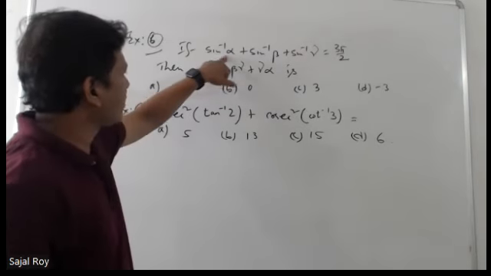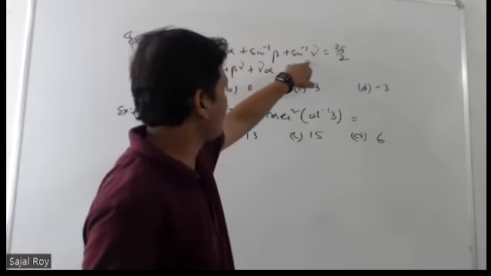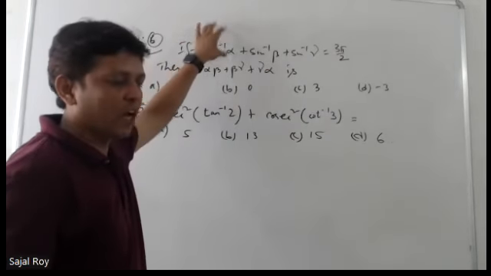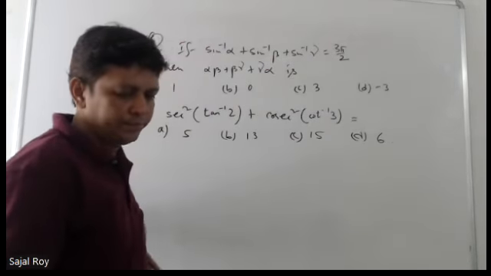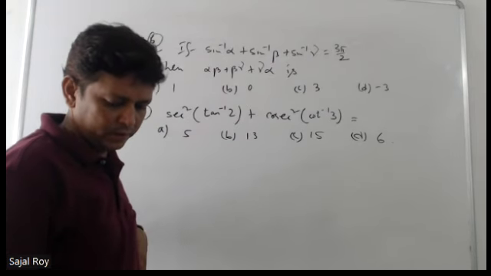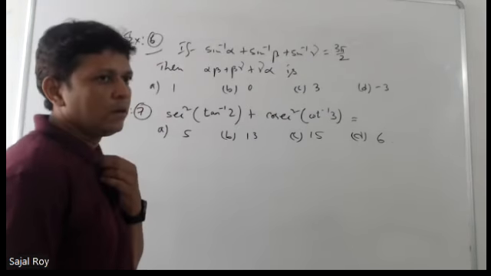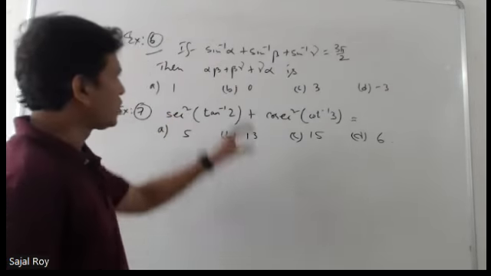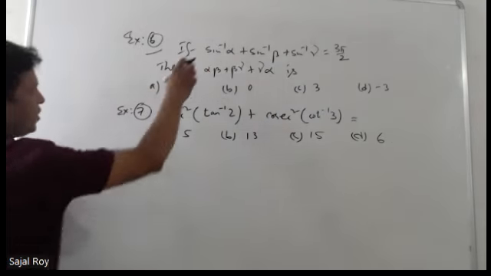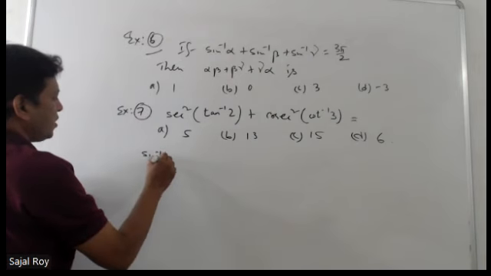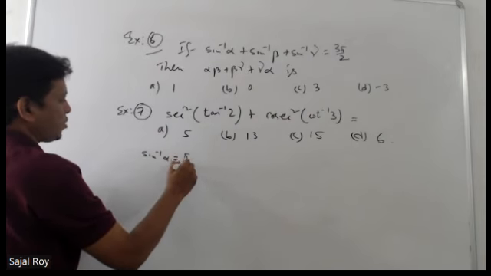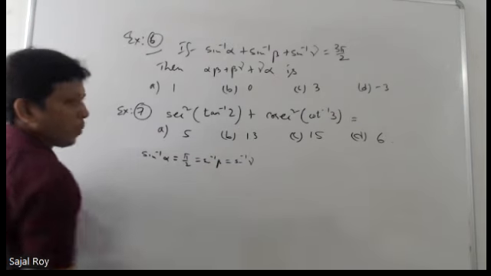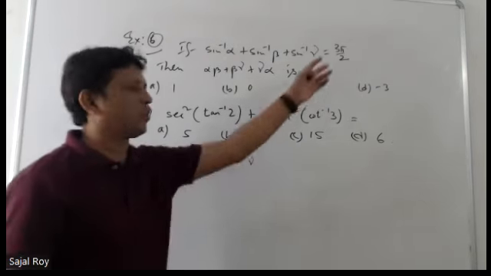Look at that. Sin inverse alpha plus sin inverse beta plus sin inverse gamma is 3 pi by 2. What is the range of sin inverse alpha? Or what is the maximum value of alpha? This relation will be possible if sin inverse alpha is pi by 2, sin inverse beta is pi by 2, and sin inverse gamma is pi by 2. Otherwise, you cannot have 3 pi by 2, right?